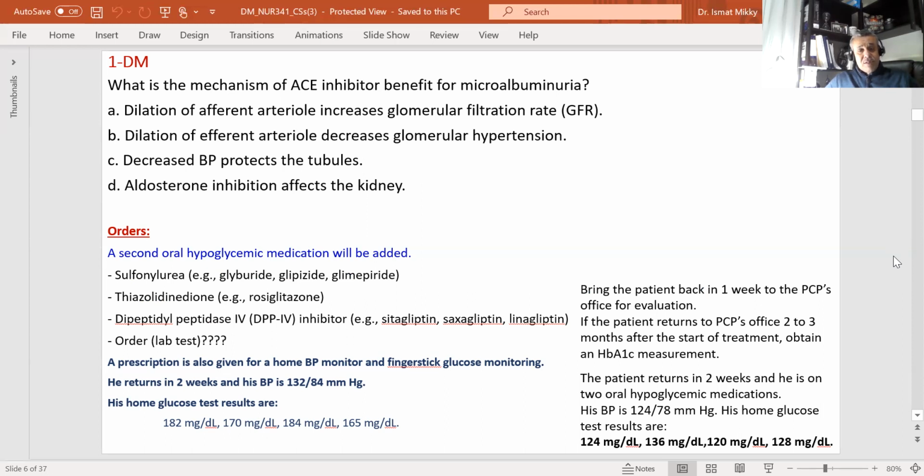So ACE inhibitors will decrease progression to renal failure if started at early phases. Strict glycemic control and hypertensive control also will decrease the progression of the renal impairment.